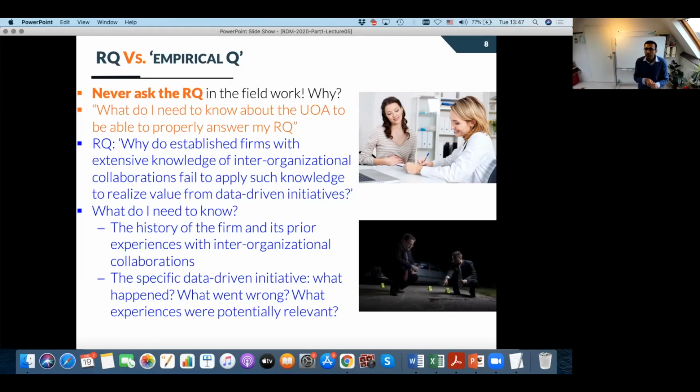And then you ask them, tell us about the history of your work before. Tell us about the history of your organization. Talk about the previous inter-organizational collaborations that they have had, different projects. What did you learn before? What happened there? And then you start exploring if or not they brought any experience from the past.